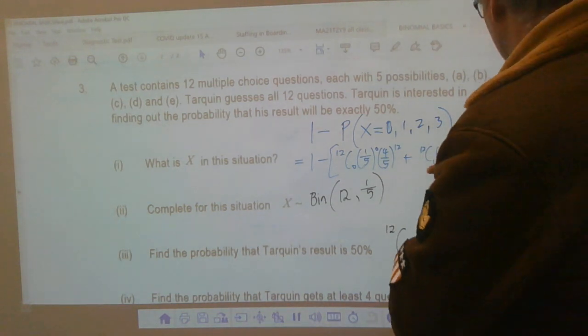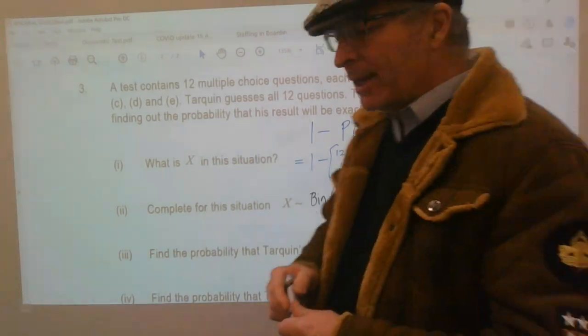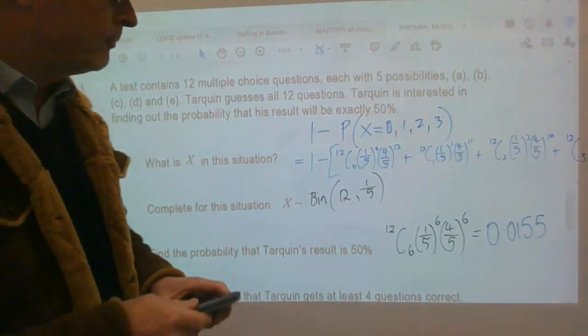Now I add up all those, subtract that from 1, and that will give me the answer.